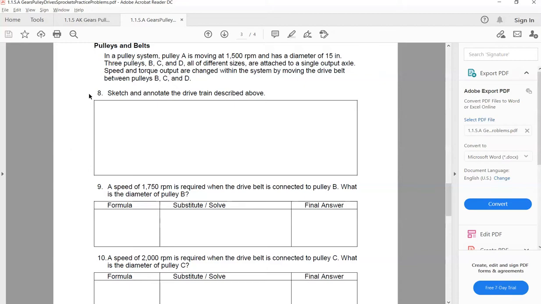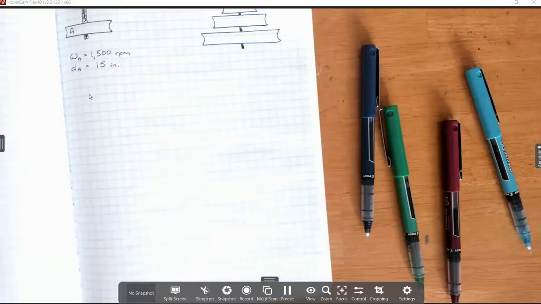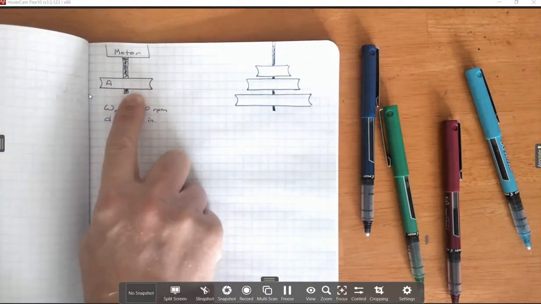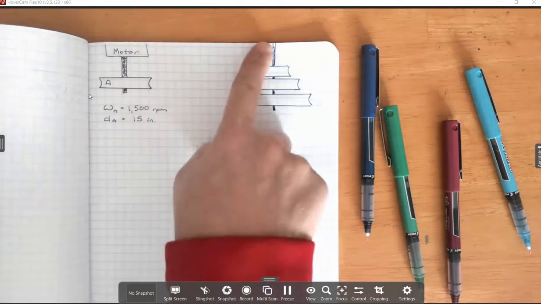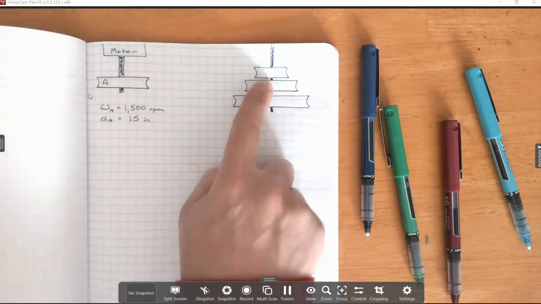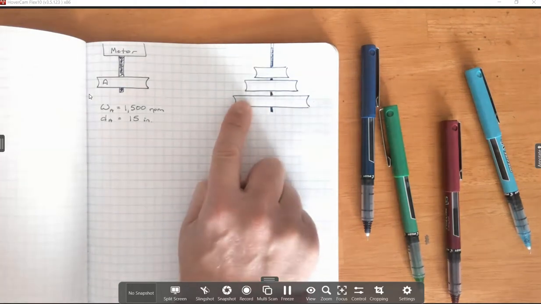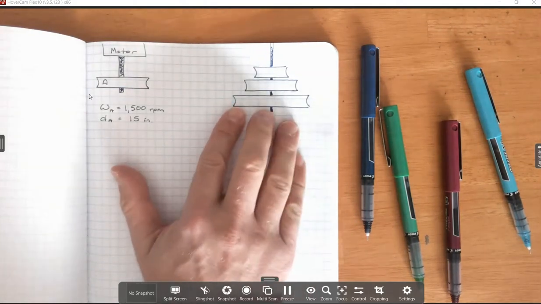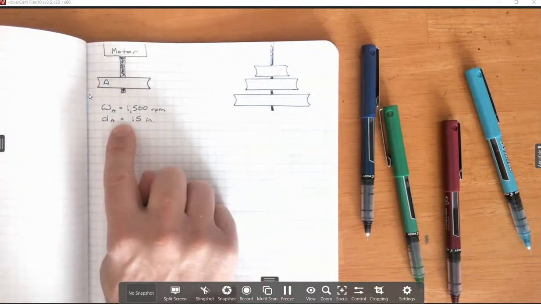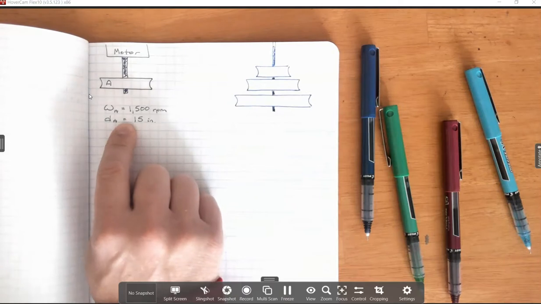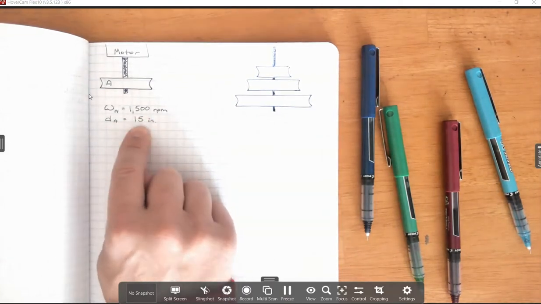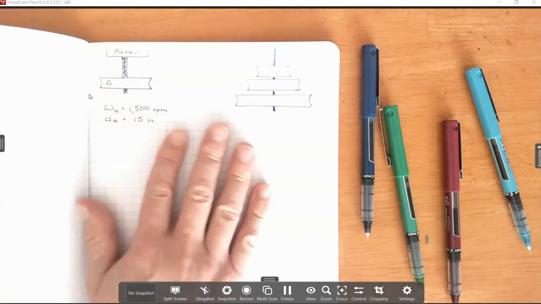So for number 8, our drawing might look something like this, where we have a motor driving pulley A, and then on a single axle having 3 pulleys, B, C, and D. At this point, I wouldn't really know yet which one's bigger or smaller or what their sizes are. They've told me that A is going to be driven at an angular velocity of 1500 RPMs and that it has a diameter of 15 inches. So there you go.